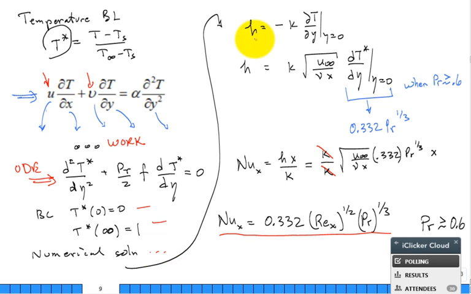And if we're interested in h, the convection coefficient, we need that temperature gradient at the surface going into the fluid. And solved numerically, it comes in at 0.332 Prandtl to the 1/3.